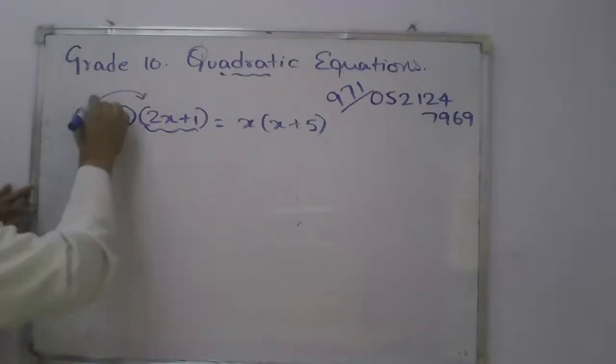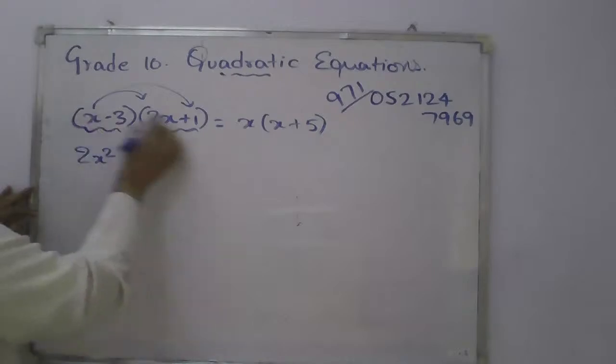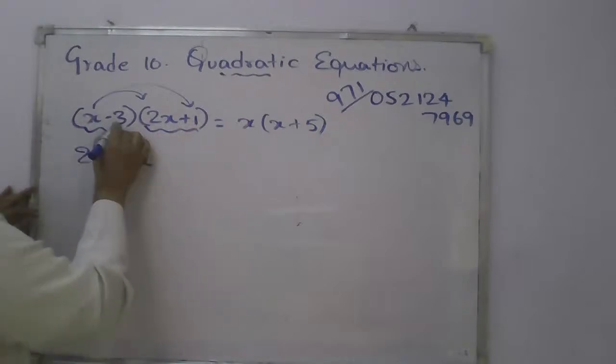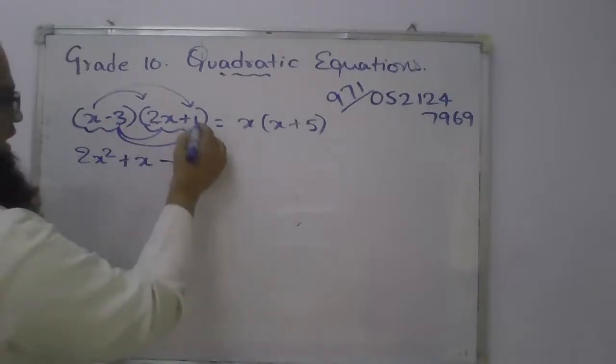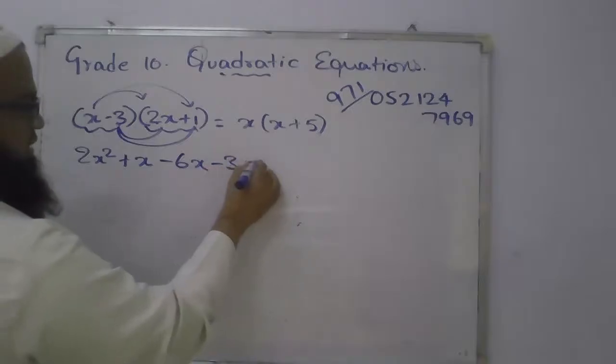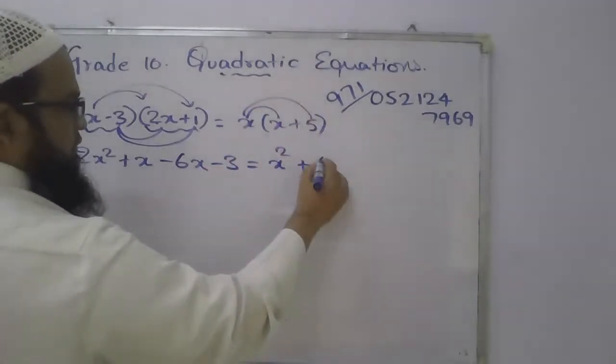Distribute x to both the terms: x into 2x, 2x square; x into 1 is x; minus 3 into 2x, minus 6x; and minus 3 into plus 1 will be minus 3; is equal to x square plus x into 5, 5x.